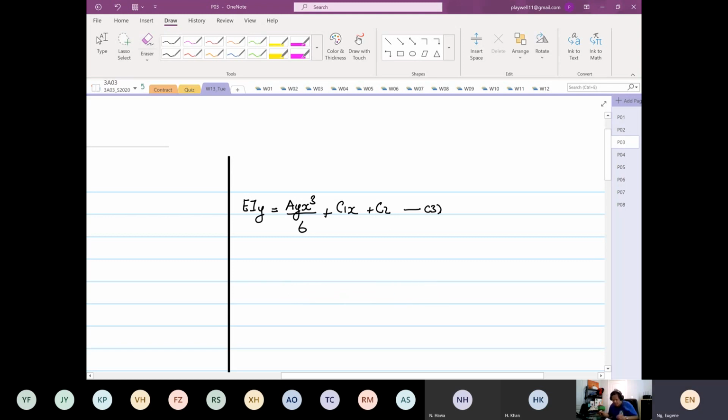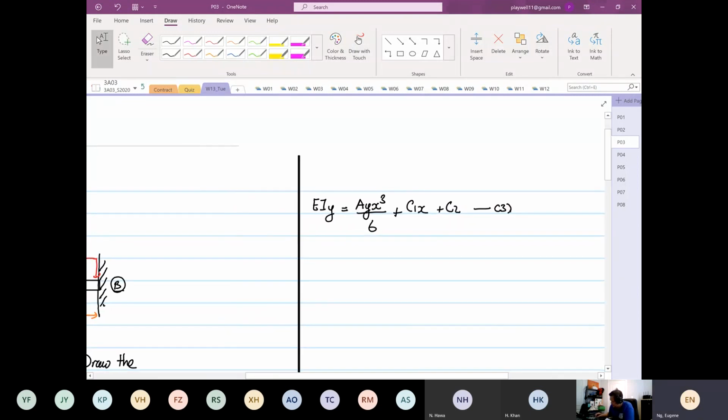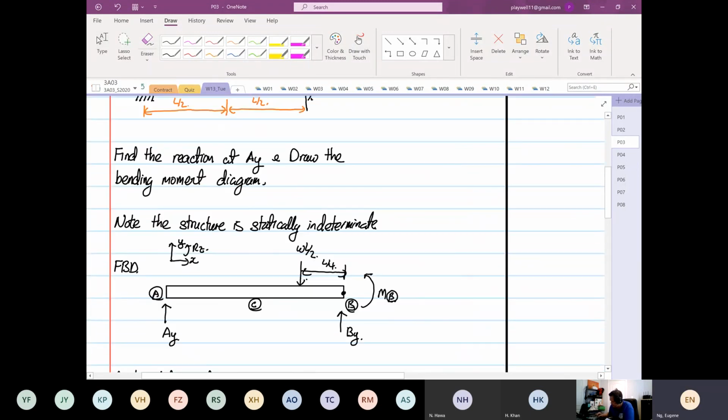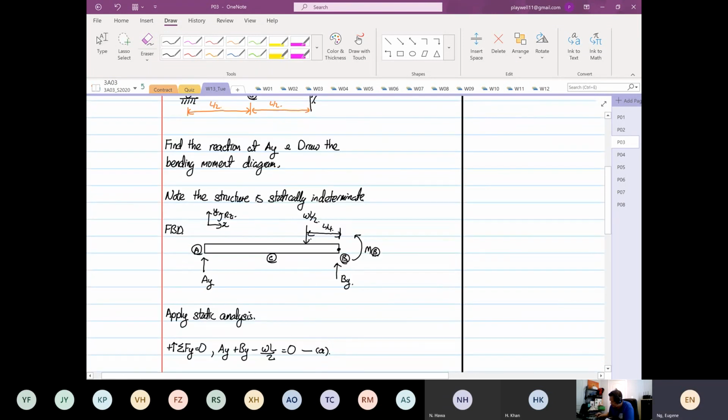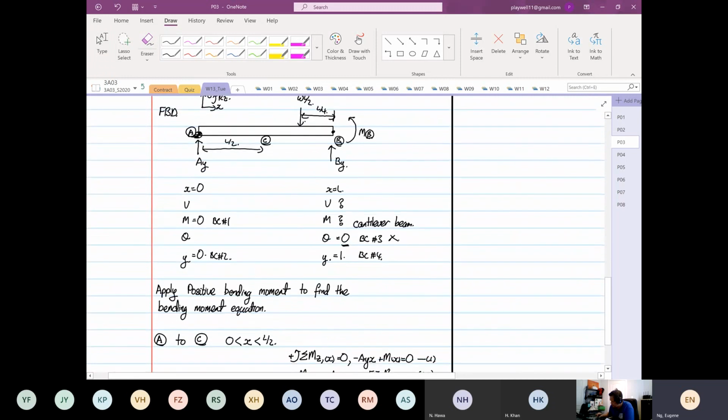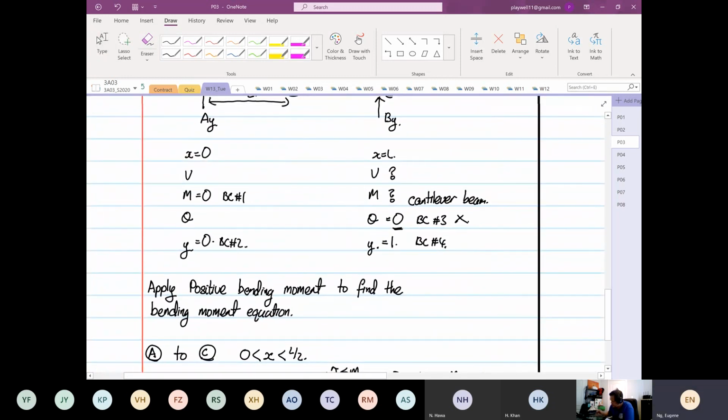Let's recap what we have done so far. If we go back and look at the boundary conditions, we realize that the boundary condition for this case, this is useless.